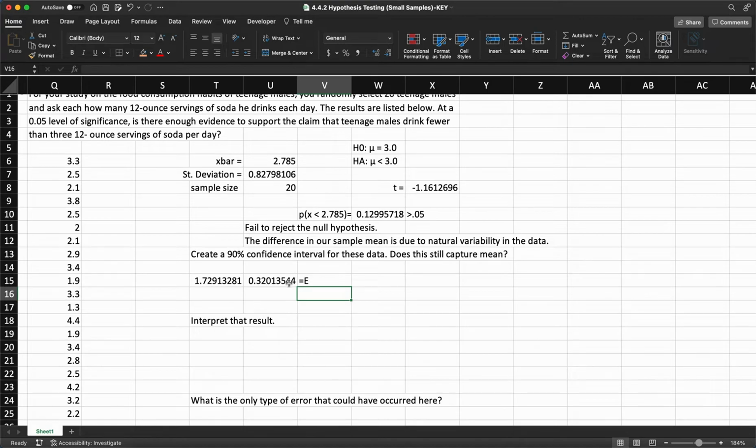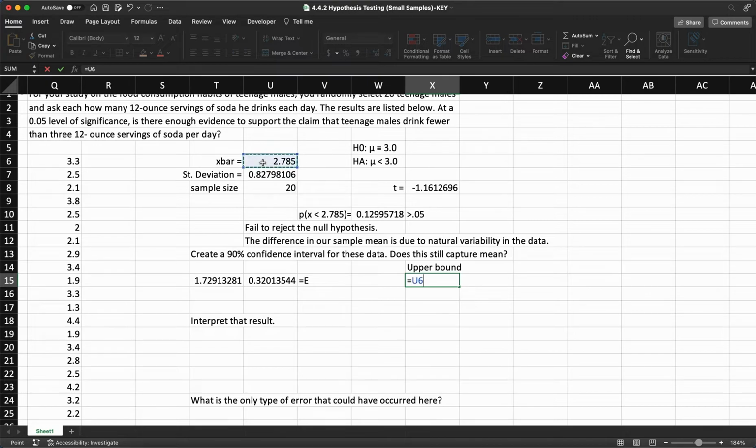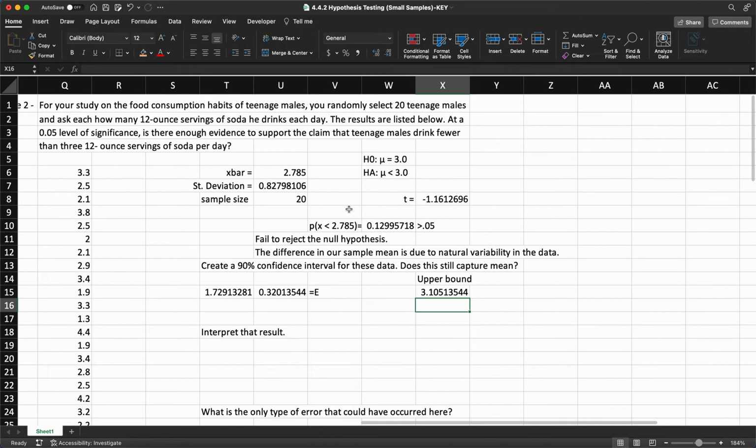This is my margin of error right here. And so my upper bound, which is really the only one that I need, is going to be the mean plus this value, which brings me to 3.105, and I'm still containing 3 in this confidence interval.